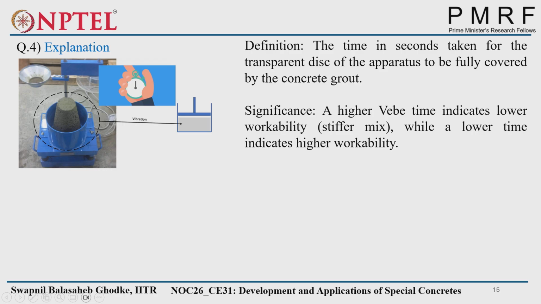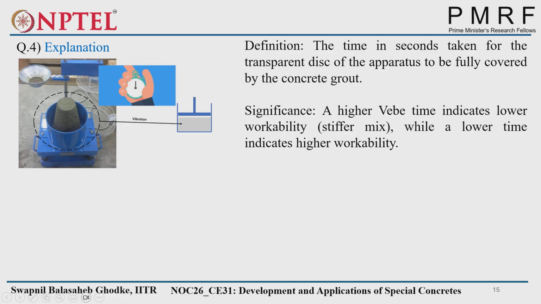Let's see the explanation. This is the VB test according to the code. We have the slump cone and we put the concrete into it. We vibrate the table and measure the time. The apparatus is fully covered by the concrete, and under that vibration the concrete will get flat, and we measure how much time it requires.